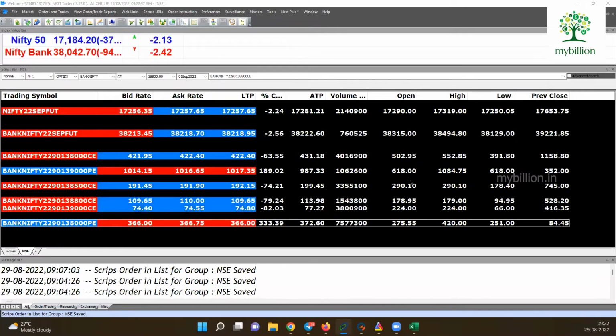Say we took almost 25-30 lots for the no-brainer. I am assured of 400 points because I wrote the 38,000 put at 400. So wherever the market goes, I'll make these 400 points for sure.